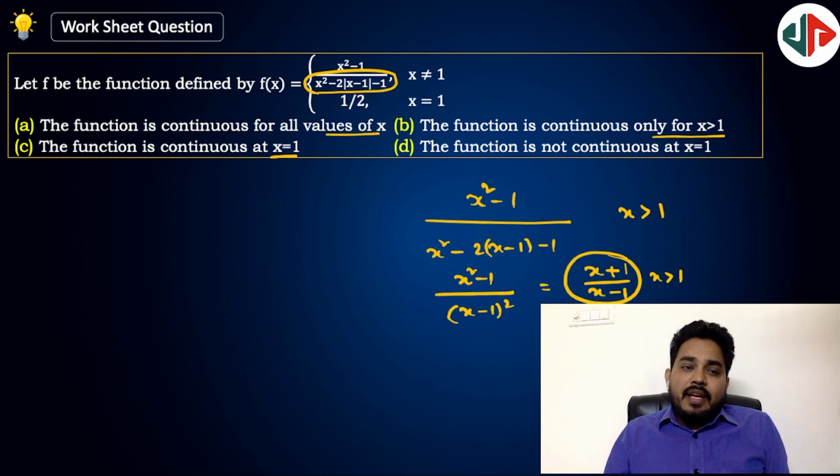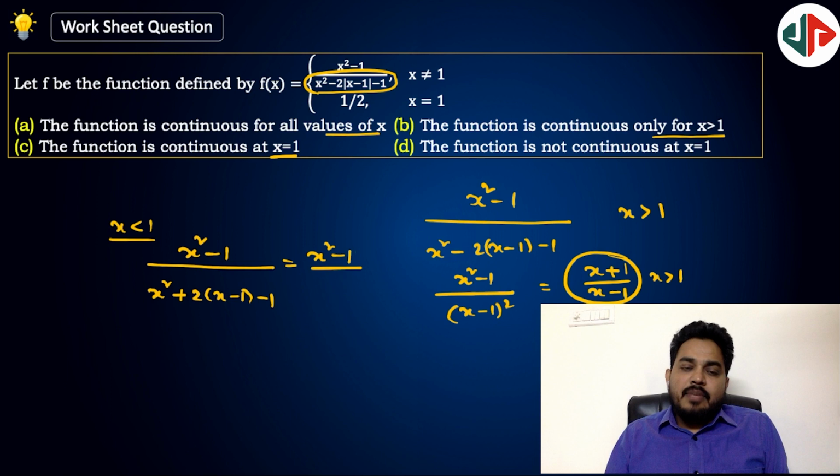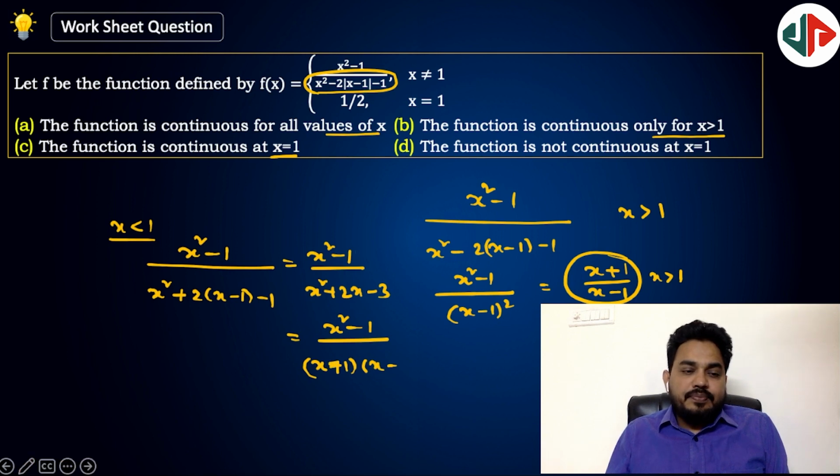Okay. Now x is less than 1. This question is x square minus 1 by x square plus 2 times of x minus 1 minus 1, which is x square minus 1 by x square plus 2x minus 3, which can be written as x square minus 1 by x plus 1 into x minus 1 into x minus 1 into x plus 3.